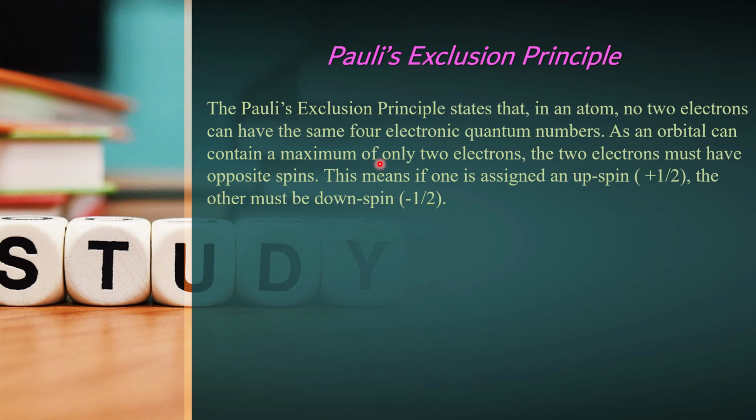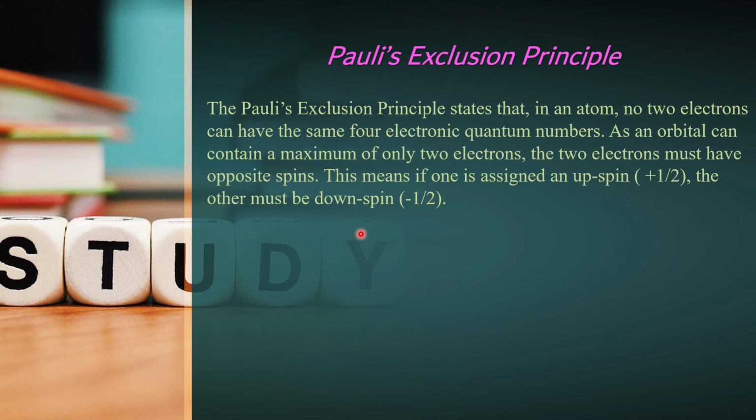As an orbital can contain a maximum of only two electrons, the two electrons must have opposite spins. This means if one is assigned an up spin, that means clockwise direction, plus half, the other will be down spin, that means minus half. Suppose in the 1s orbital there are 2 electrons.